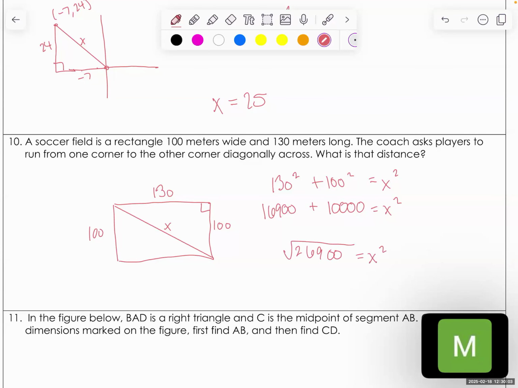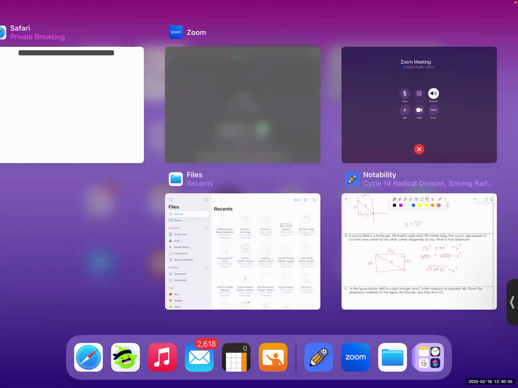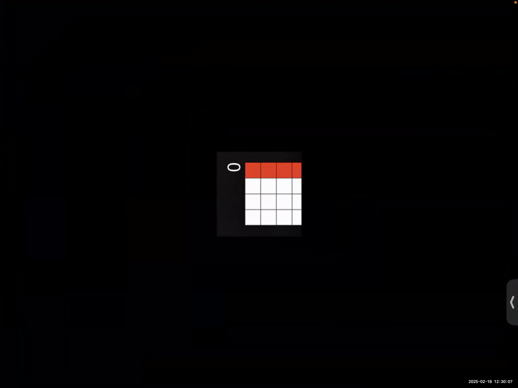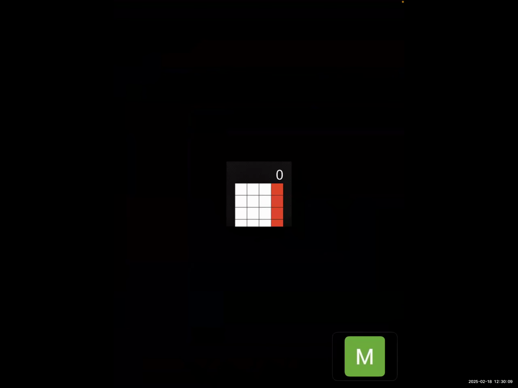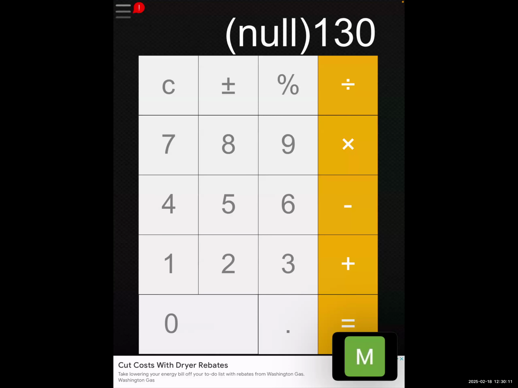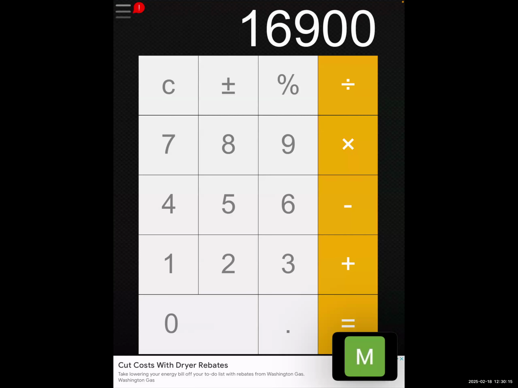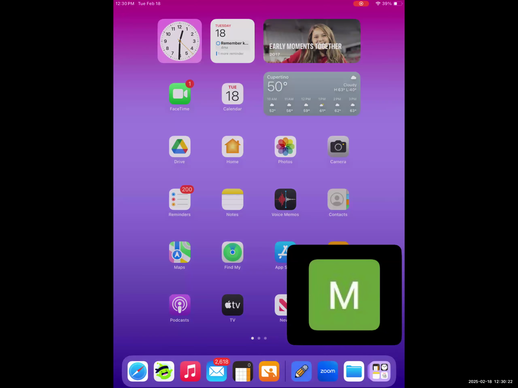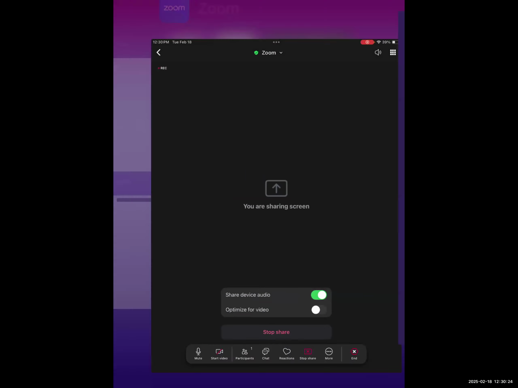And then I just square that. Again, let's just make sure that we are good to go on this. Square root of 269, which, sorry guys.